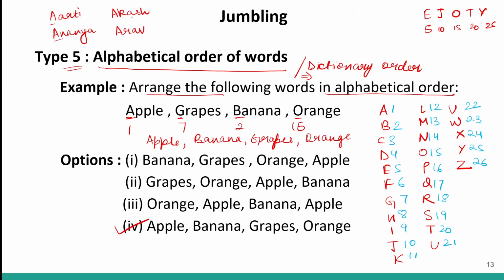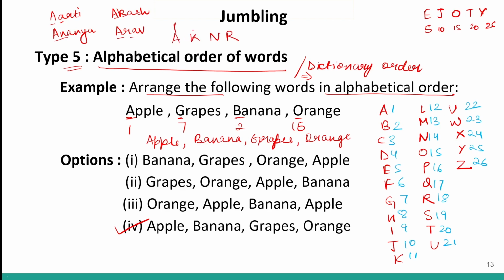Because all of these start with A, can I write them in any order? No. If the first letter is same, then we'll move on to the second letter. So if you look at the second letter, this is A, this is K, N, and R.